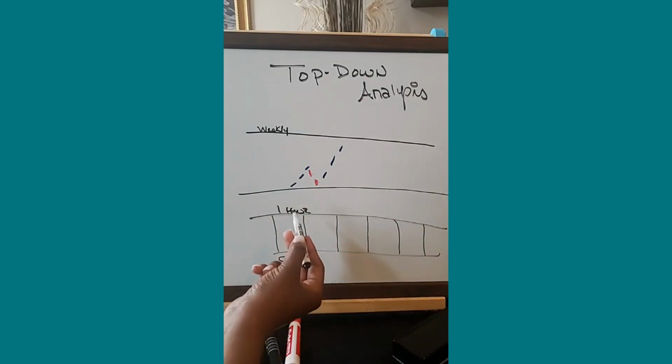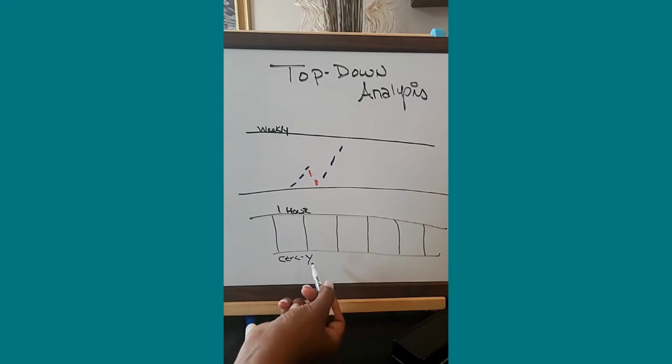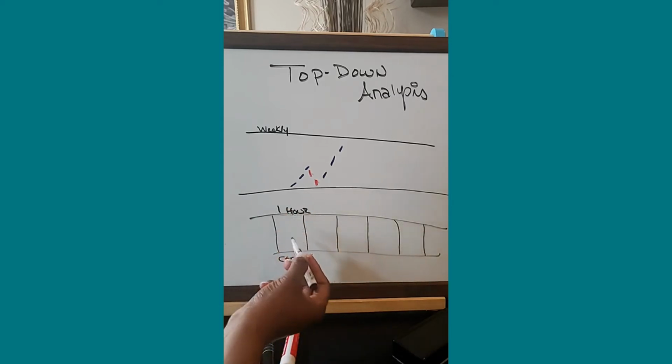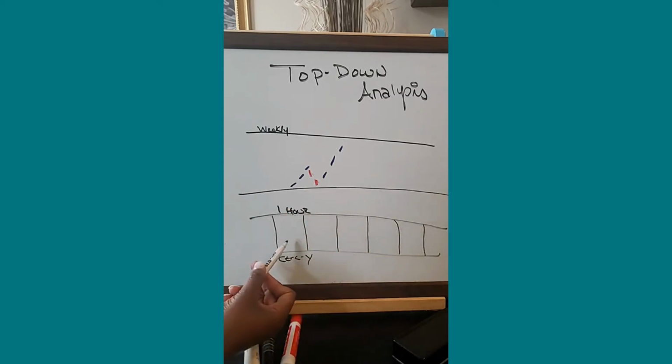On a 4-hour chart, the candles in here will run from the beginning of the week to the end. On a 1-hour chart, there will be 24 candles within this area, which helps you stay in line with what you're doing.